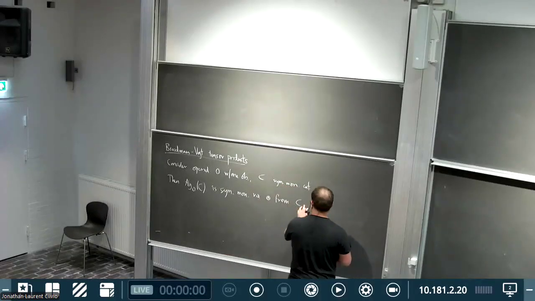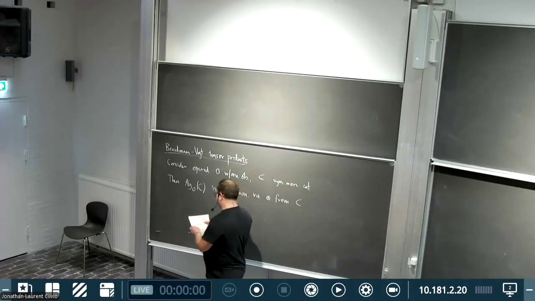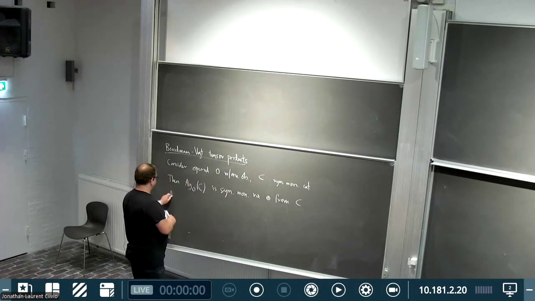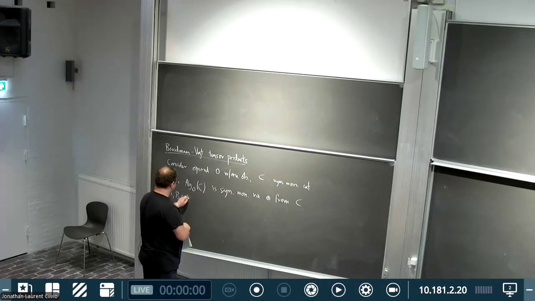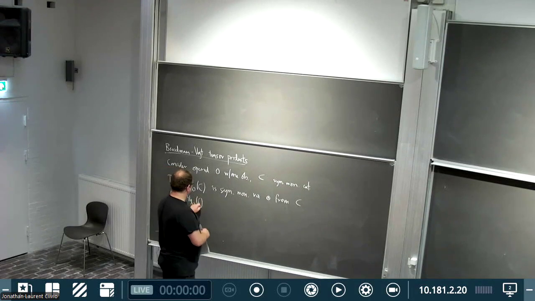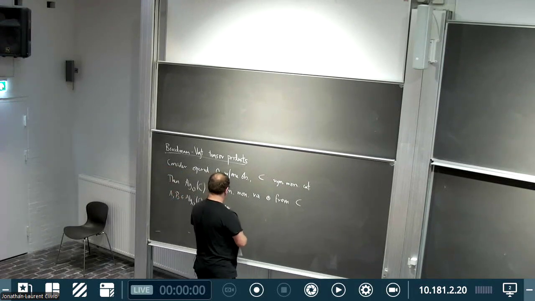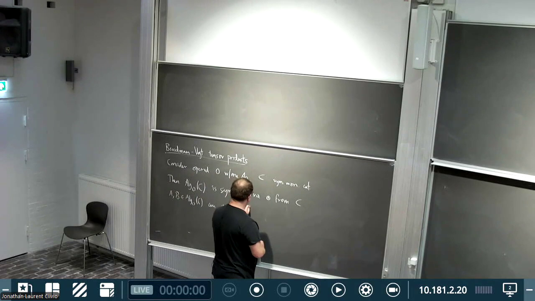Now, if I have my two algebras in B, then I can make tensor B into an algebra.